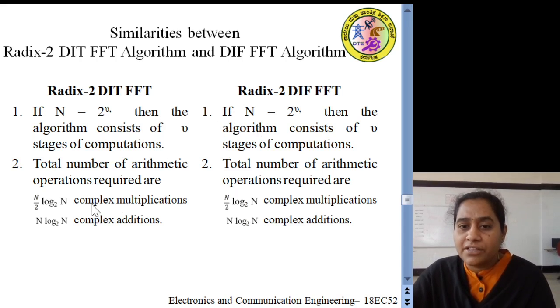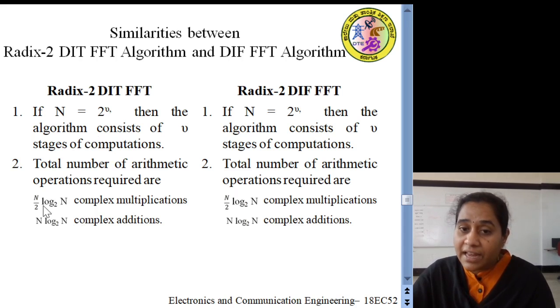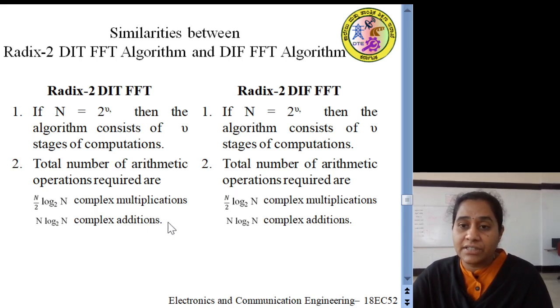The next similarity to be considered is the total number of arithmetic operations required. In the DIT FFT algorithm, there are (N/2) log2 N complex multiplications and N log2 N complex additions.